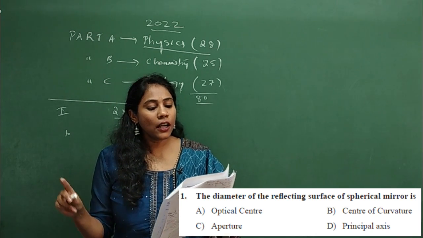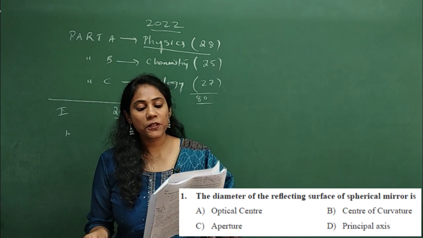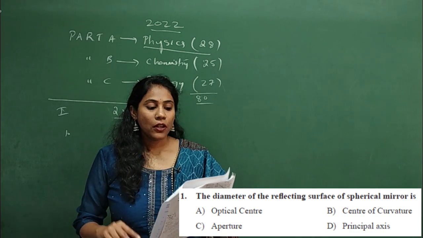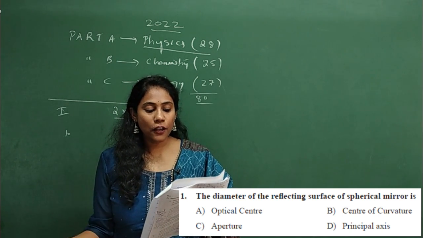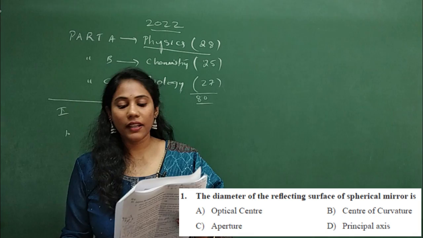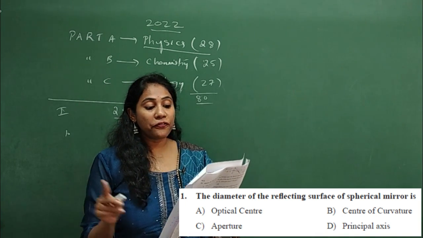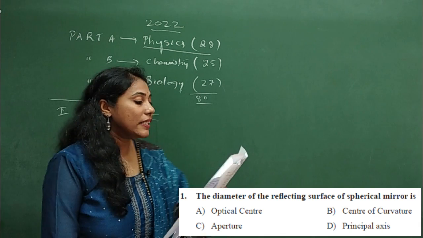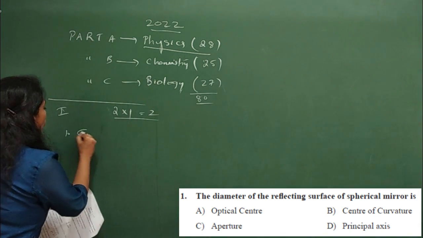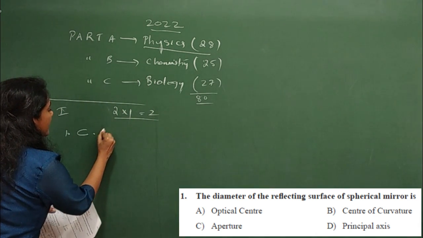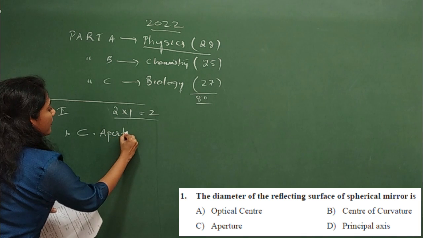The diameter of the reflecting surface of a spherical mirror is: optical center, center of curvature, aperture, or principal axis. Definitely the diameter of the reflecting surface of a spherical mirror is aperture. So option C, that is aperture, right?